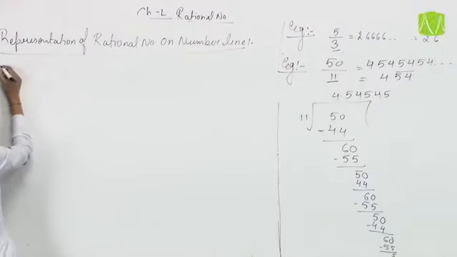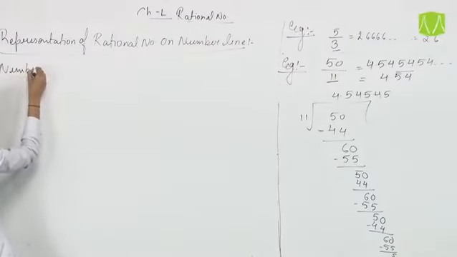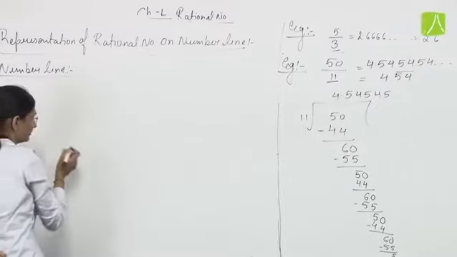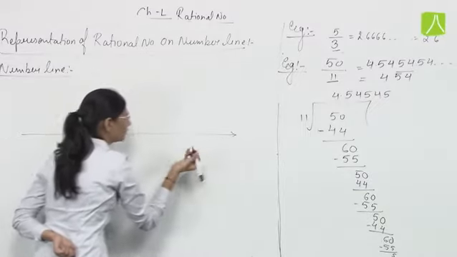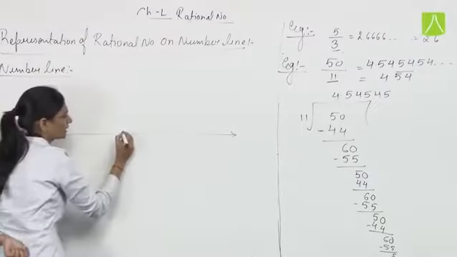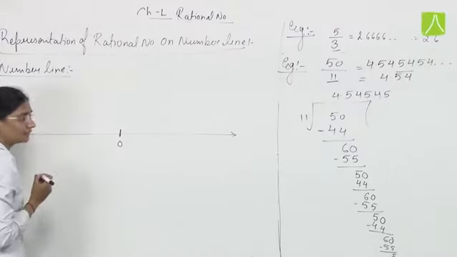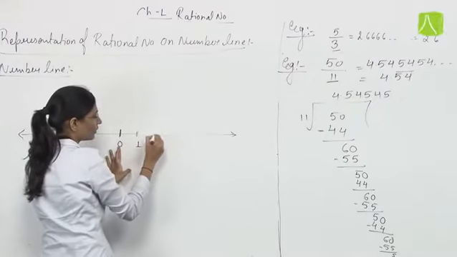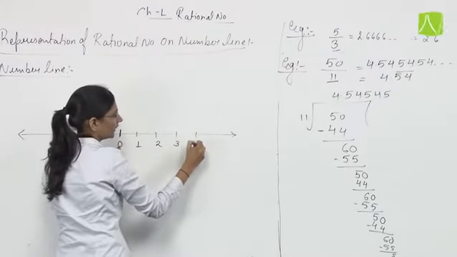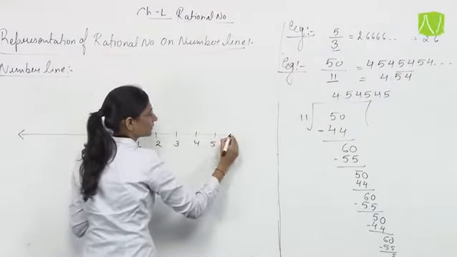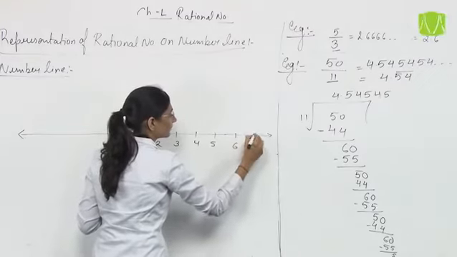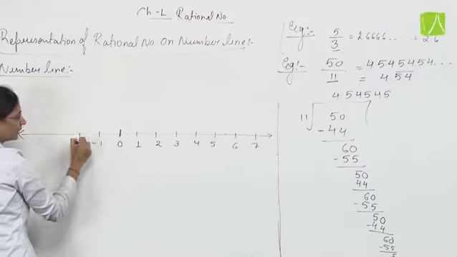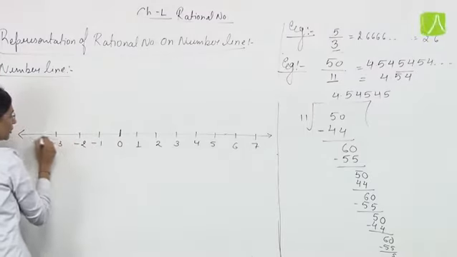First, what is a number line? A number line is a normal line in which we consider 0 at the middle. On the right side of 0, there are positive integers and on the left side of 0, there are negative integers.